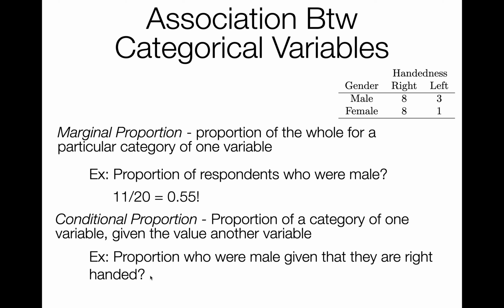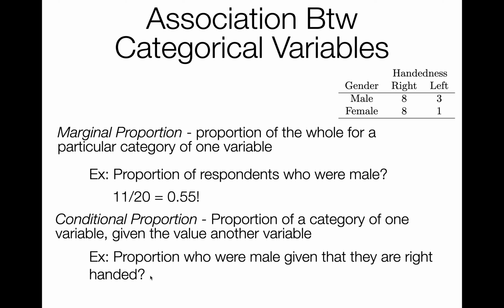And you would say, well, it's 11 out of 20. This conditional proportion is going to say, instead of just asking what's the probability that the person behind the screen is male, they're going to give you some extra information. They're going to say that this person is right-handed. Given that information, what's the probability that the person is male? I know this is a really lame game show, but it's an example nonetheless.